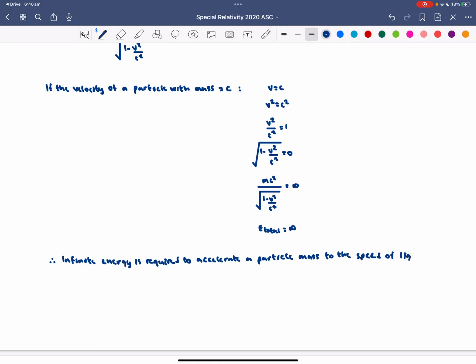And one of the things that we'll do when we do cosmology is that the Big Bang Theory says there's a finite amount of energy in the universe.